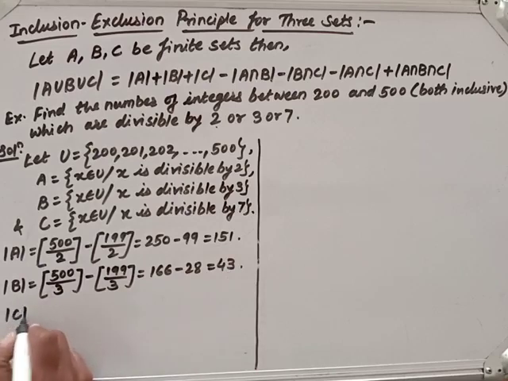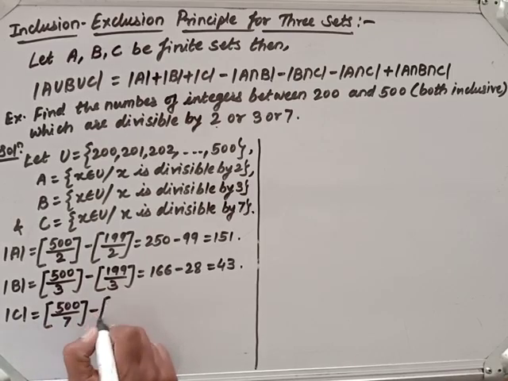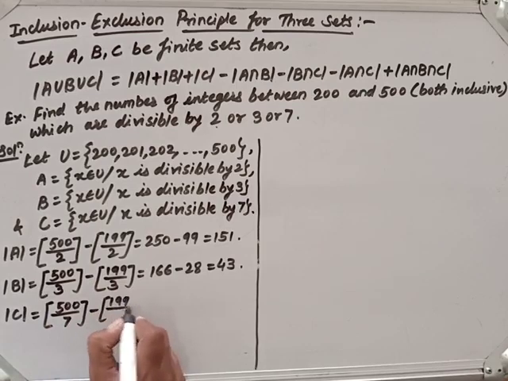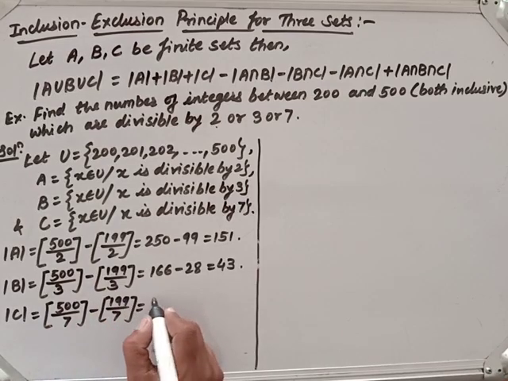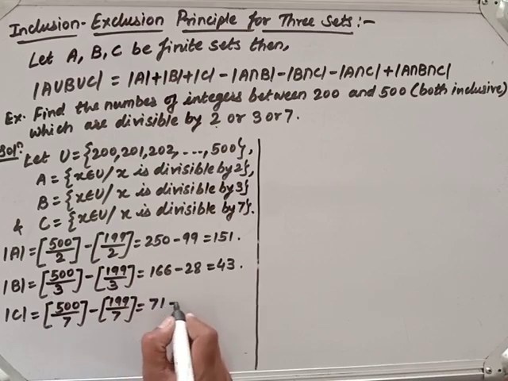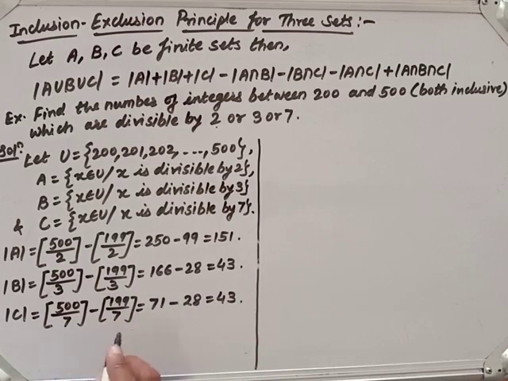Again cardinality of C is 500 upon 7 minus 199 upon 7. So this is 71 minus 28. So it is 43. Now let us determine the cardinalities of intersections also.